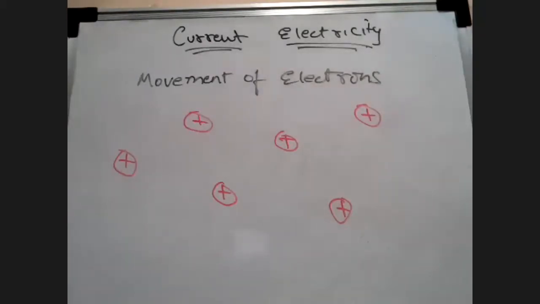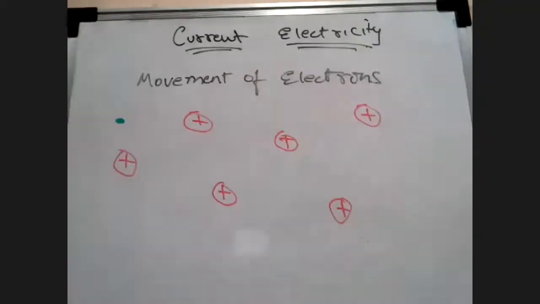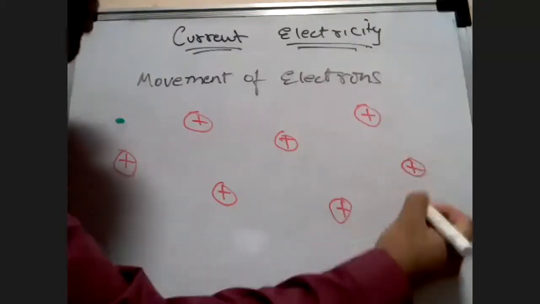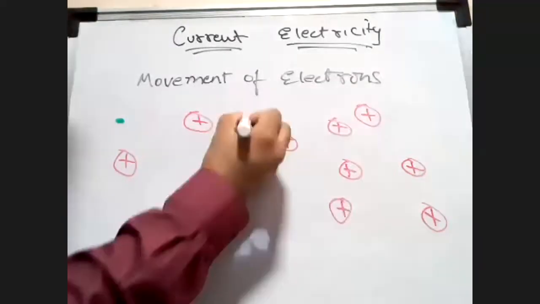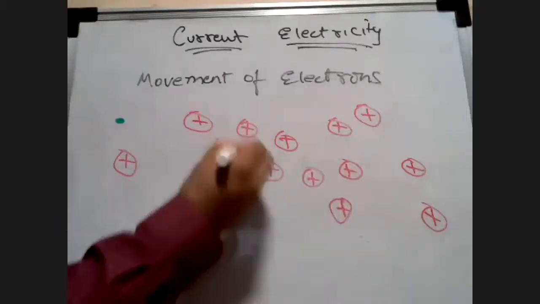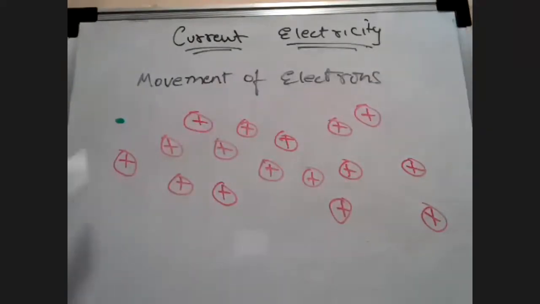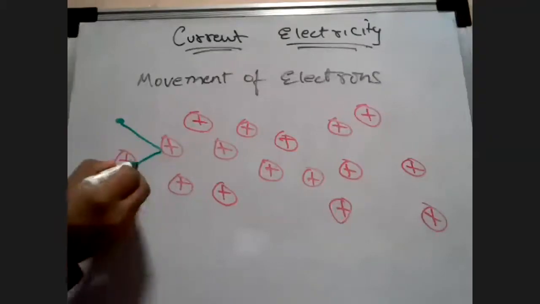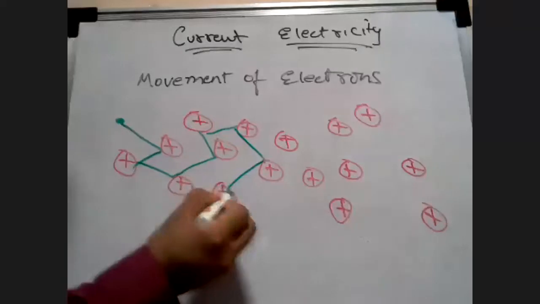If I say that the green color is the electron right here, this electron has to go to this distance. What will be its path? Will there be collisions along the way? Yes or no? It will go here, collide here, collide here, collide here. This is the movement of an electron.